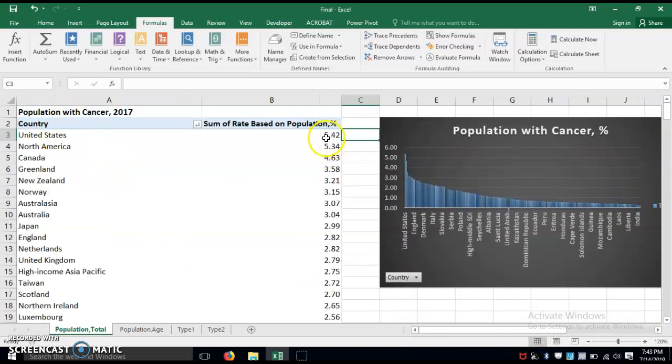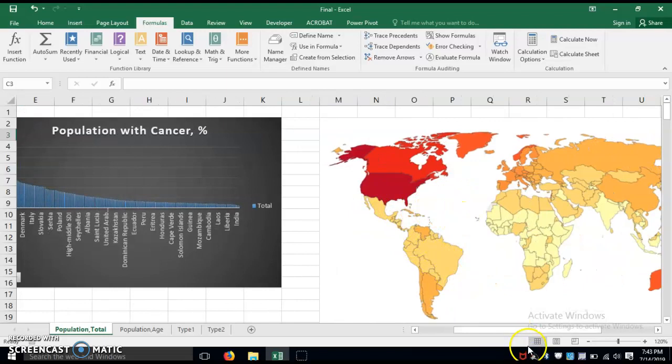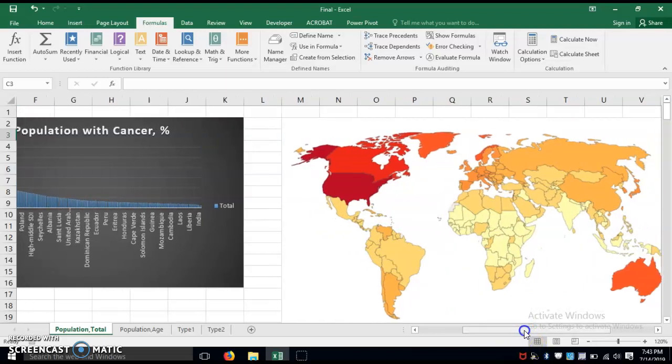Here we have 5.42%, and Canada, North America, and here Russia is somewhere in the middle, and these regions have the lowest rate of people having this disease.